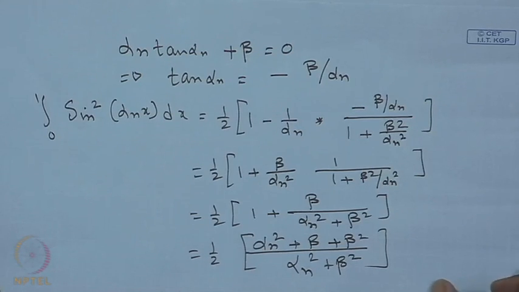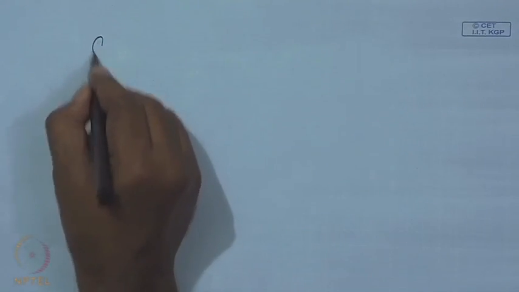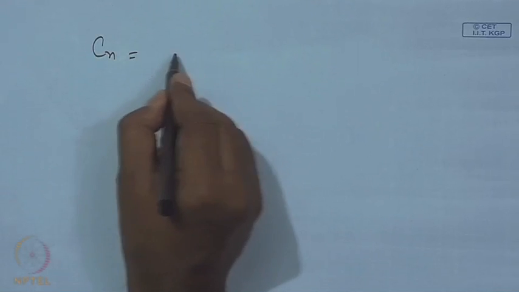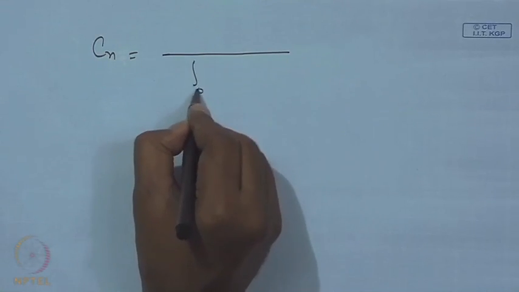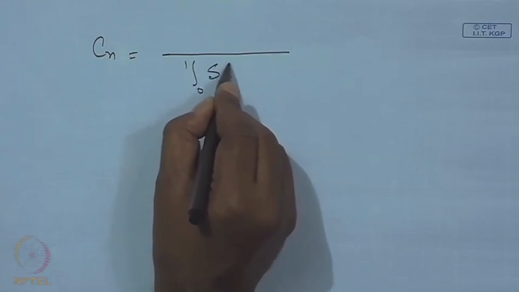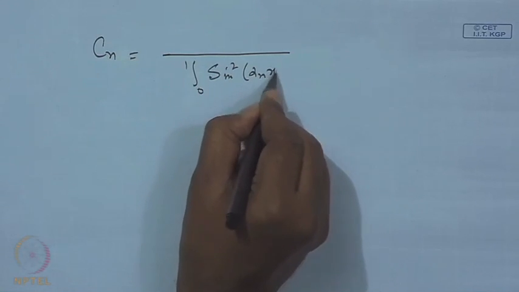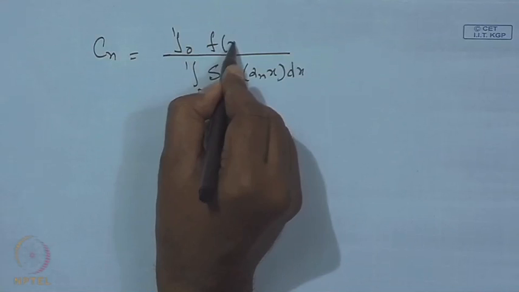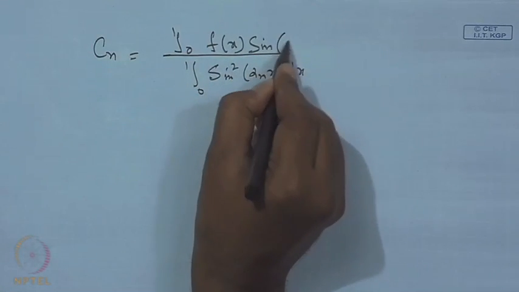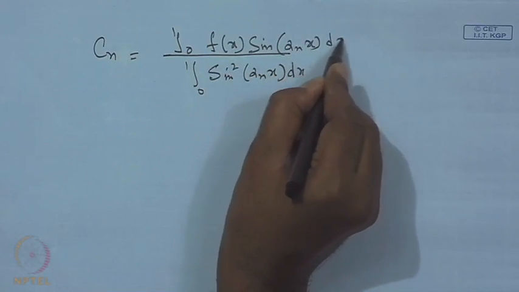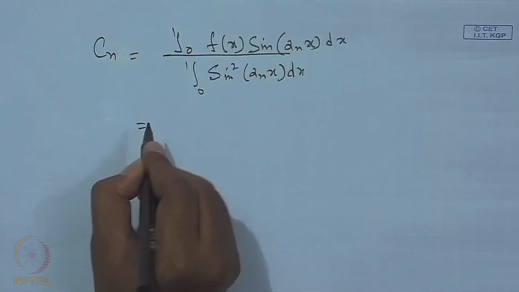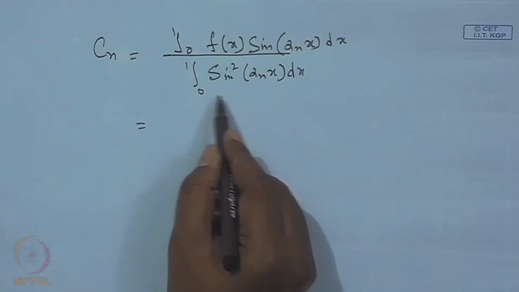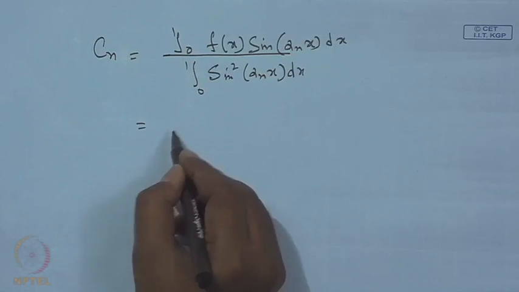So, therefore, now we will be in a position to calculate the value of C n. C n is nothing but integral 0 to 1 sin square alpha n x dx in the denominator, and in the numerator we had integral 0 to 1 f of x sin alpha n x dx. So, we just evaluated the sin square alpha n x, and so we just put it there.